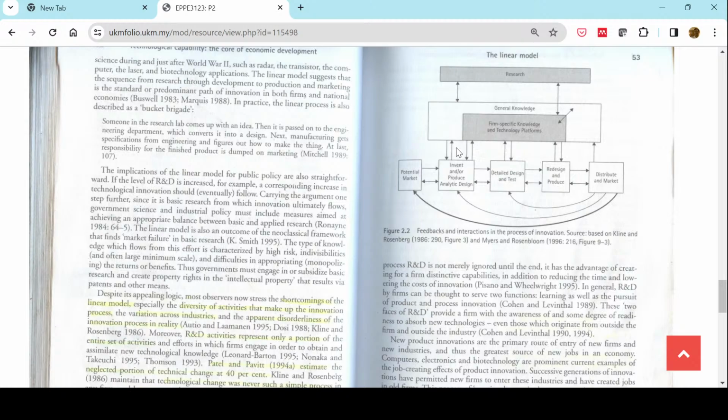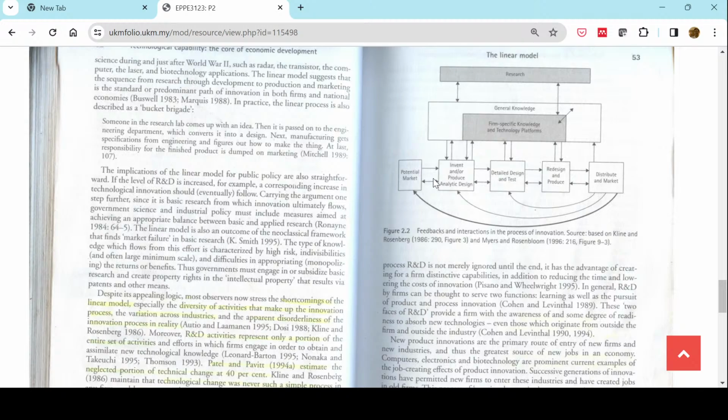And through that, you see the arrow up and down: information coming from the general knowledge that comes from basic research, and also information, new findings in technology and applications, coming from applied research by the firms. This will inform the first stage, which is to come up with a concept of a product to be developed.